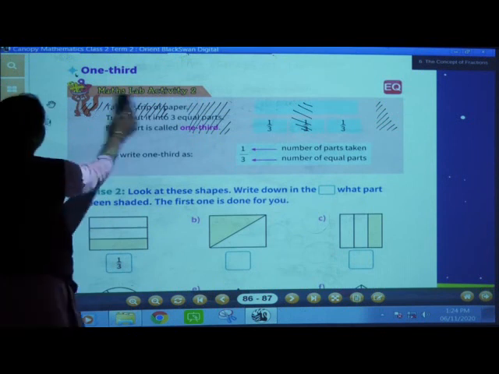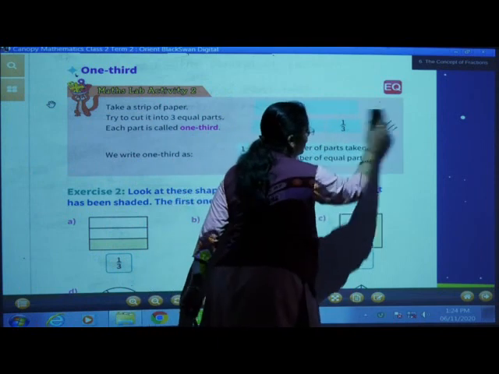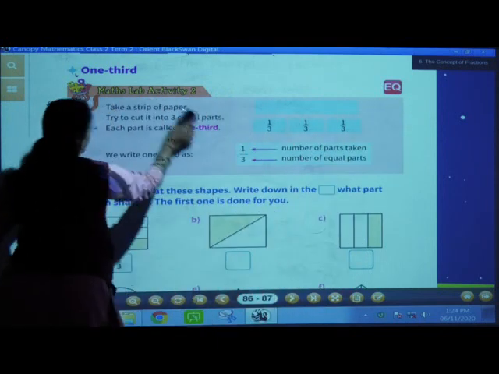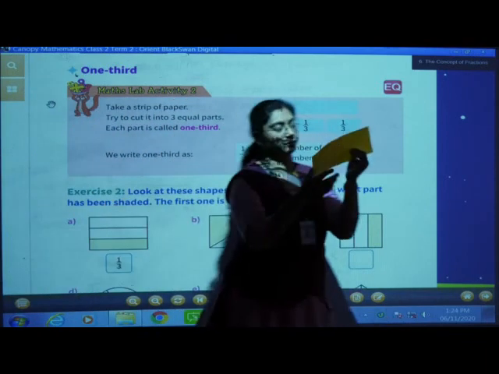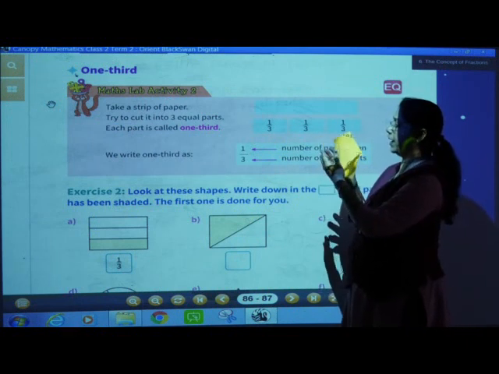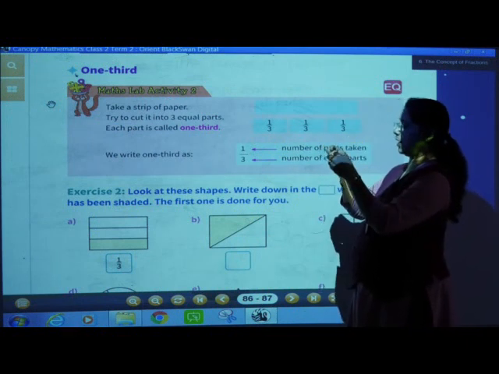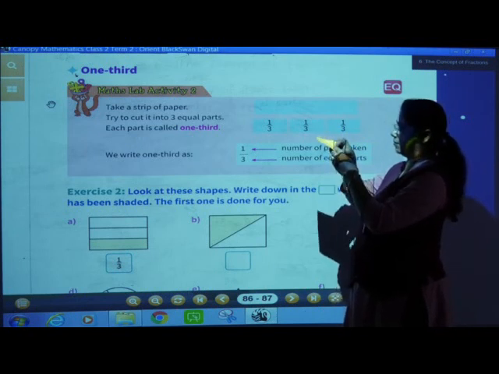Now 1/3. Next concept, 1/3. We have seen half. Now we are going to see 1/3. Take a strip of paper. See, I have taken it, and try to cut it into 3 equal parts.